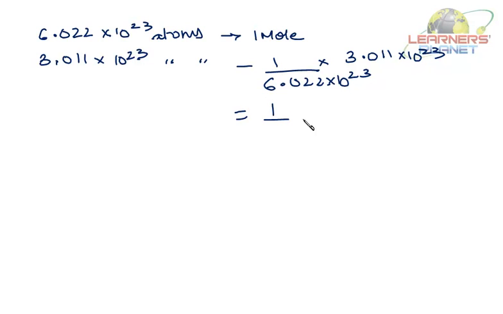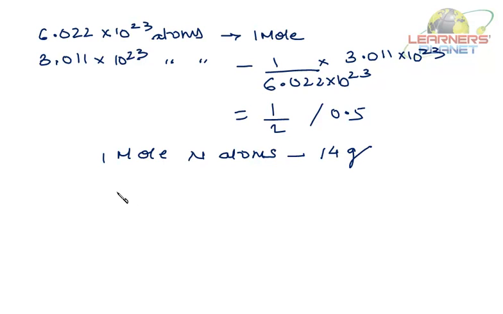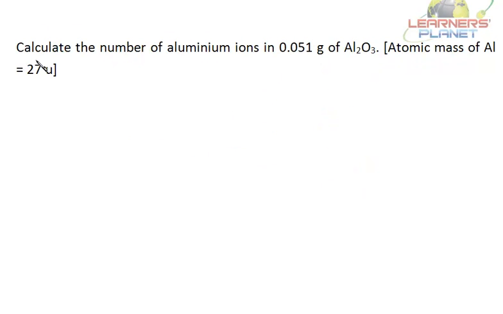So this will approximately come out to be 1 by 2, or you can say 0.5. Right? So 1 mole of nitrogen atoms weigh how much? The gram atomic mass of nitrogen atoms, it is 14 grams. So 0.5 mole of nitrogen atoms will weigh 7 grams. So you can find out the answer to this question by any of the methods. It's better you first change it into number of moles. Let's take up this question.